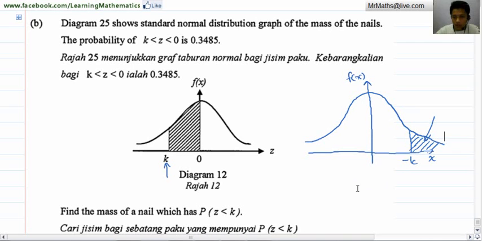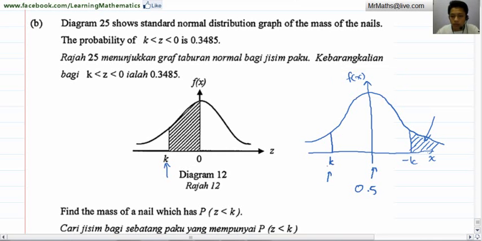I need to think a bit, because the probability at the mean is 0.5, and the probability anywhere in between the mean and k is 0.3485.